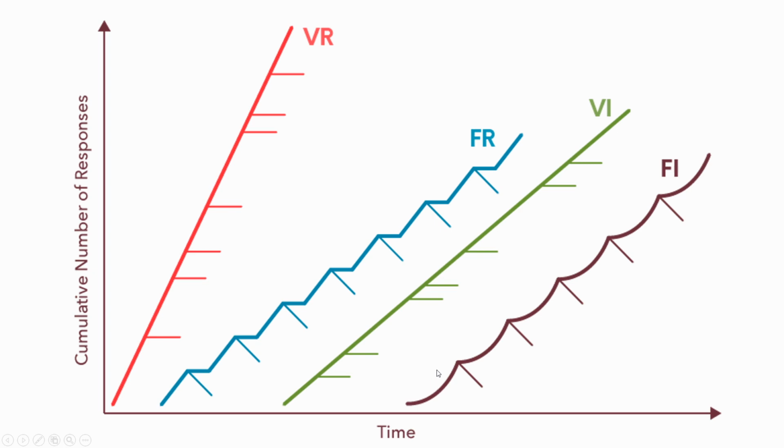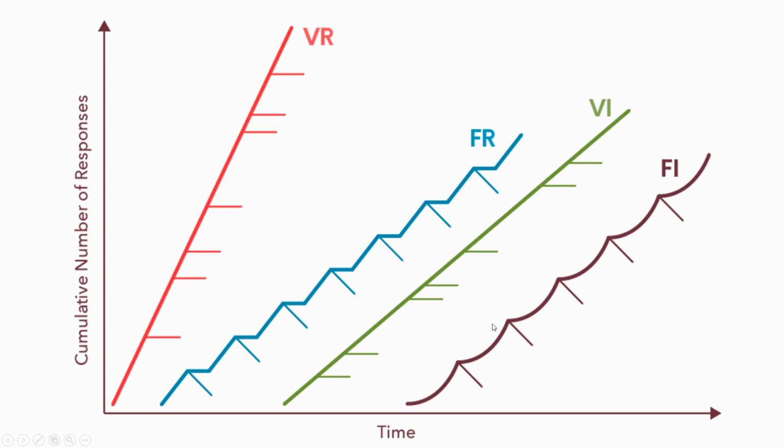And what this is telling us is that as it gets closer to the time when pressing the lever gets them reinforcement, they're going to press the lever more and more until they get that reinforcement. And then they're going to stop pressing it after they've been reinforced because they know they have to wait a certain amount of time before they get it again. And then they'll gradually press it more as they get closer and closer to that time period again. So that's what's producing that scalloped effect.